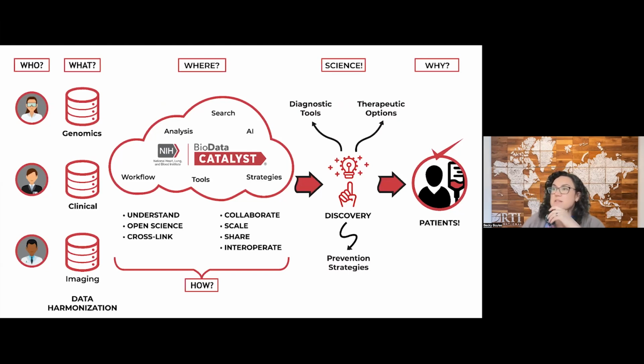So we use this graphic quite frequently, and there's a lot indicated here, but suffice it to say, we have a number of different types of users that really span the gamut, from bioinformaticians, developers, clinicians, working with all different kinds of data. We host the data and tools and our community across GCP and AWS clouds.